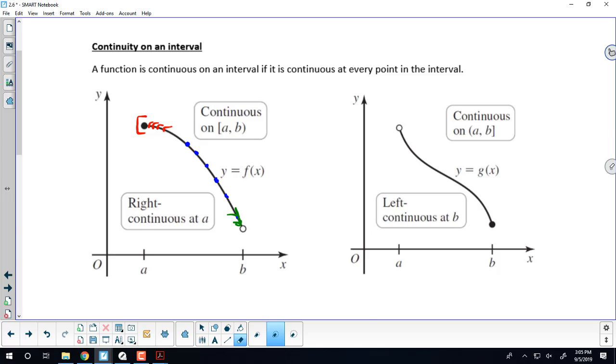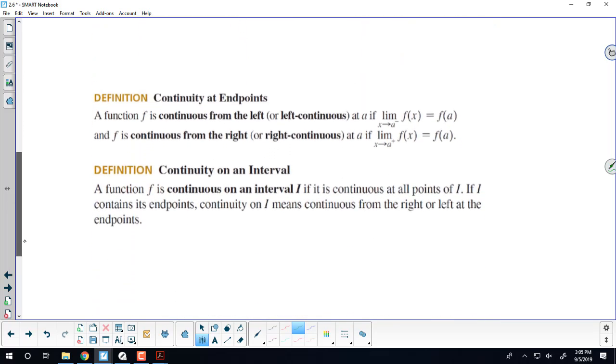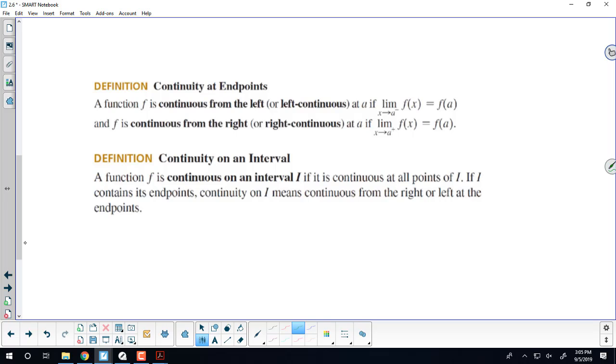Similarly here, as we approach B from the left, the limit is defined as the function value, so it's left continuous at x equals B. And that jargon is defined here with continuity at the endpoints.